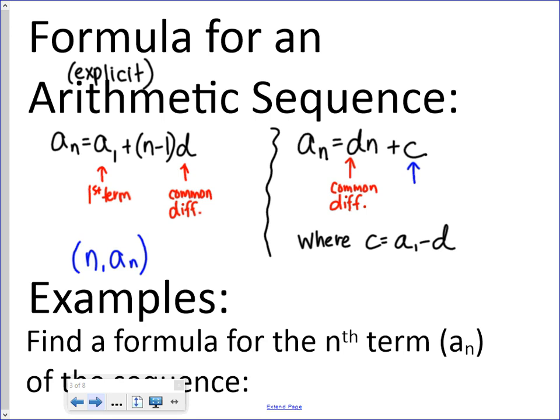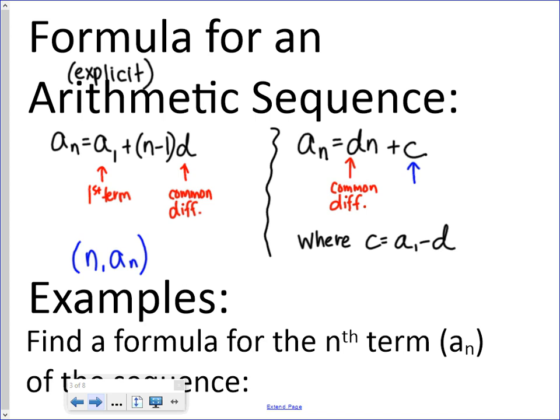And so all I have to do is take the first term, subtract the difference from it, and it gets me to what would have been the term if it was n equals 0. So I'm going to plug whatever that value is in for that c right there. Okay. And again, in that rule, n and a sub n would be like the different ordered pairs for whatever numbered term you're trying to find, and then whatever that term actually is.